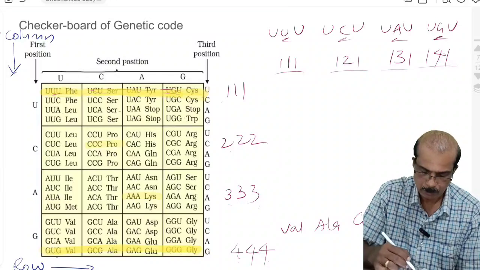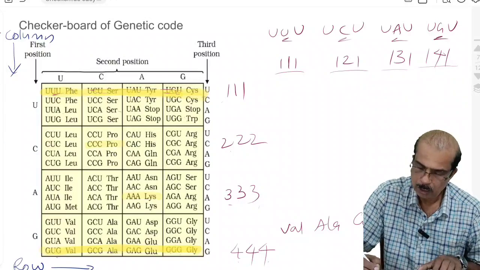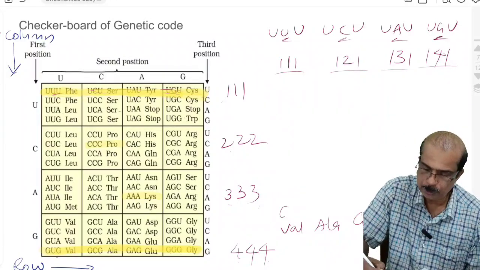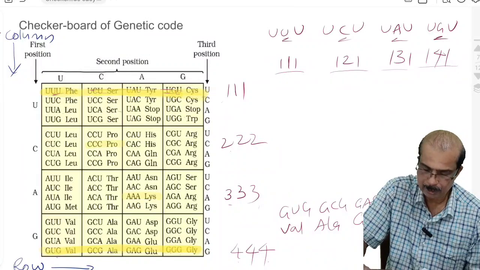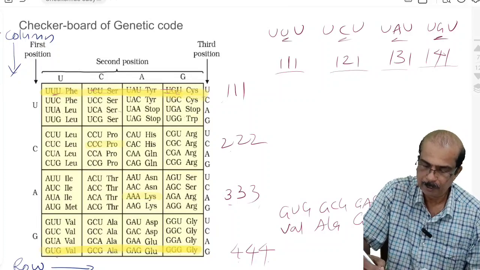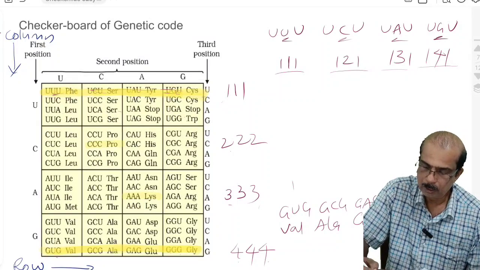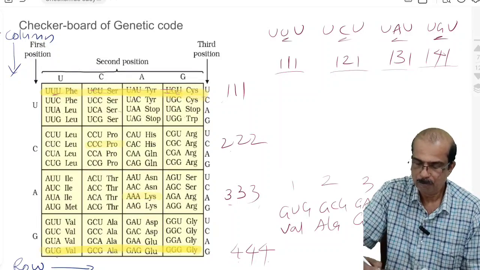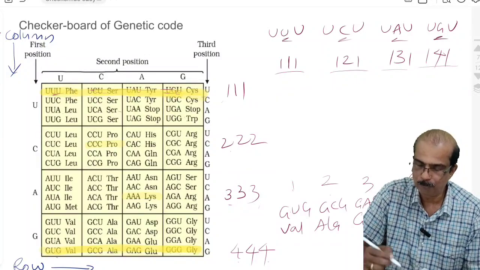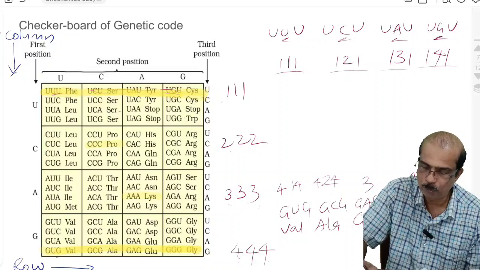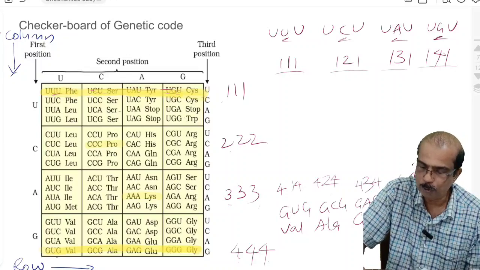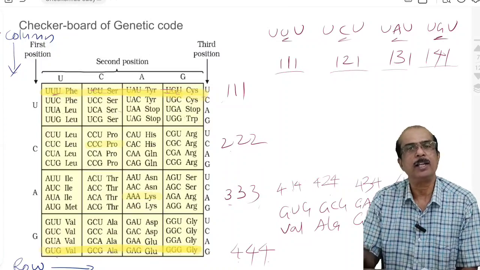So GUG, GCG, GAG, GGG: first column, second column, third column, fourth column. But the remaining digits are the same. 414, 424, 434, 444 are the 3-digit numbers.